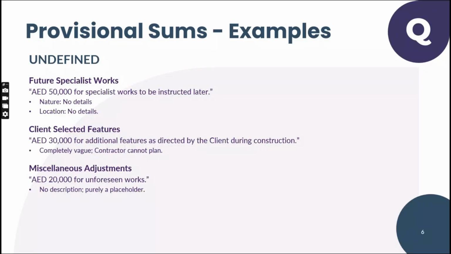For example, undefined item, future specialist work. 85,000 for specialist work to be instructed later. What does it mean by that?